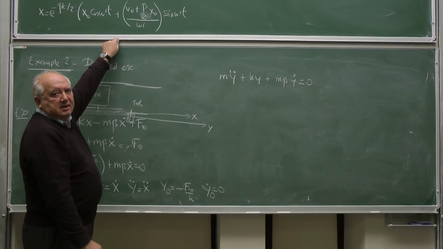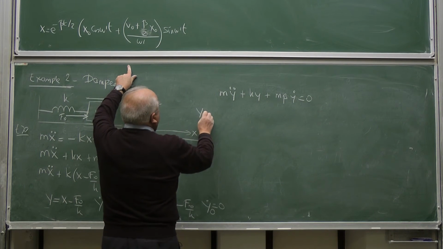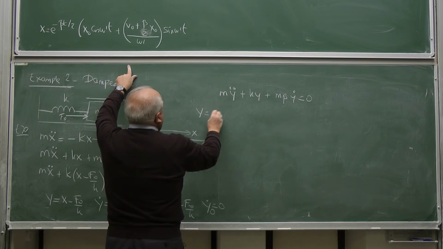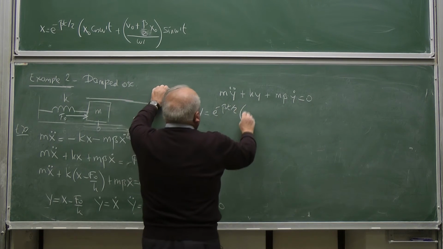Let's simply copy from what I had written. So y is equal to e to the minus beta t over 2 times (y0 cosine omega prime t plus (v0 plus beta over 2 y0) over omega prime sine omega prime t).